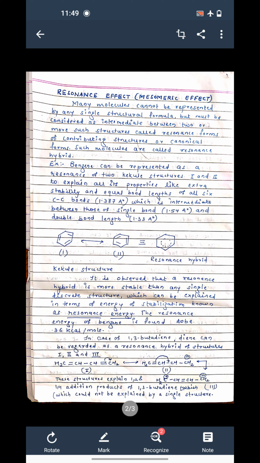Since 1,3-butadiene has double bonds, the electrons can be delocalized, so we have more than one structure, and the properties are explained by a combination of structures 1 and 2. Therefore 1,3-butadiene shows addition products at the 1,2 position and the 1,4 position also, which is only explained by the resonance effect.